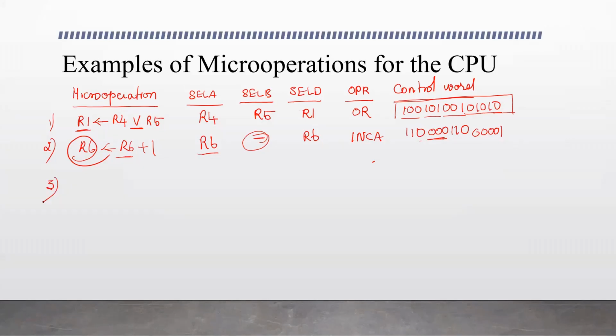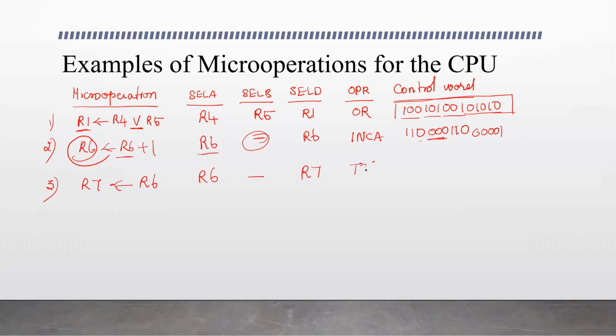And if we take the operation of transferring the content of R6 to R7, the first input is R6. There is no second input. It is performed on a single register, but we are transferring the result into R7, so R7 is our destination register.